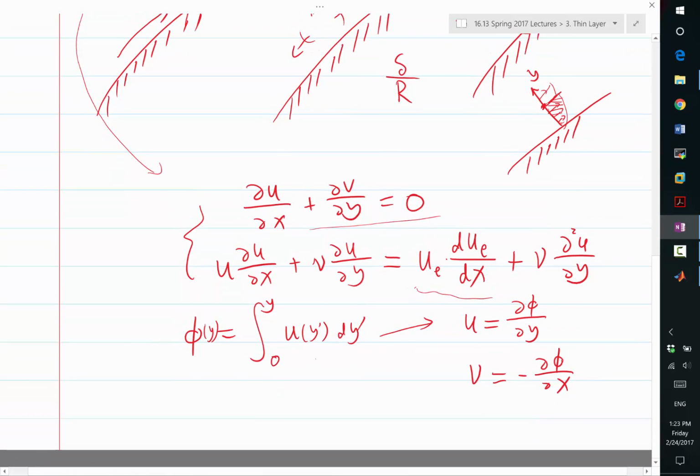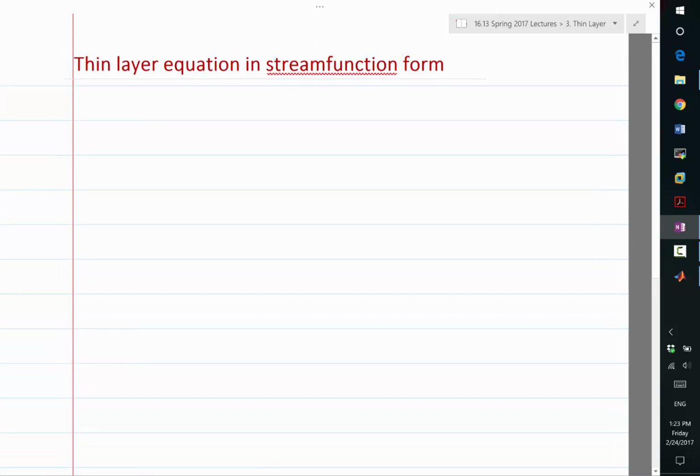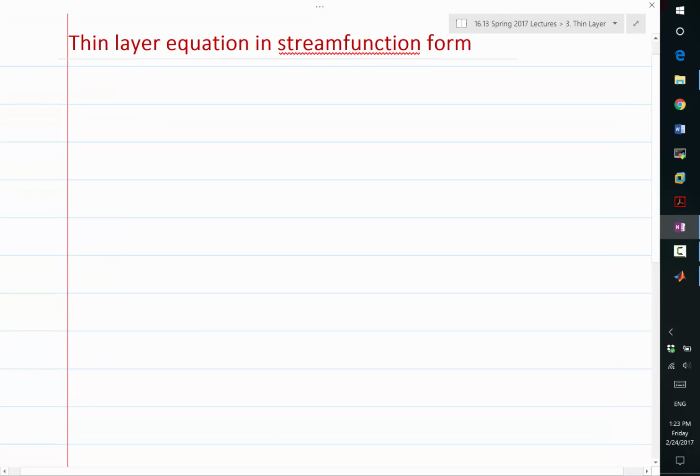Okay, so now the only thing to do is to substitute the u and v into the momentum equation. So what we get is an equation where my u becomes partial phi partial y. My du dx becomes partial square phi partial x partial y.